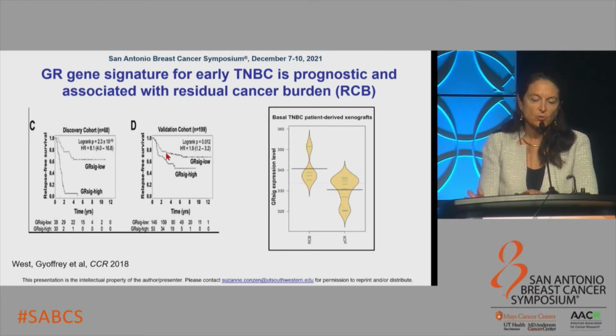Diana then worked with Matthew Getz and Judy Bowie to show that when she applied this GR signature to patients at the Mayo Clinic who had had neoadjuvant therapy and then had either residual cancer burden or a pathologic CR, the GR signature was higher in those with residual cancer burden, suggesting that GR signature was important for TNBC response.